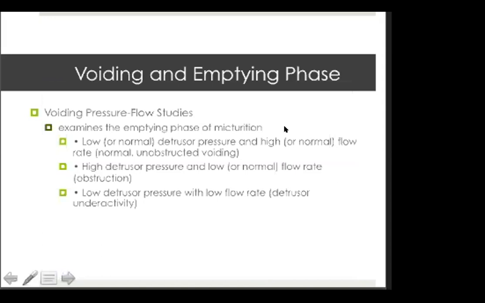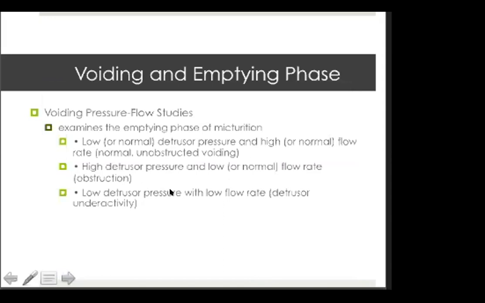So during the voiding and emptying phase, it examines the emptying phase of the micturition. So low or normal detrusor pressure and high or normal flow rate means normal or unobstructed voiding. If the detrusor pressure is high and then low or normal flow rate, it means obstructed.